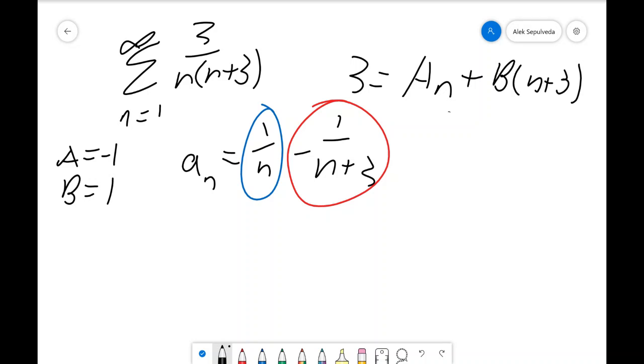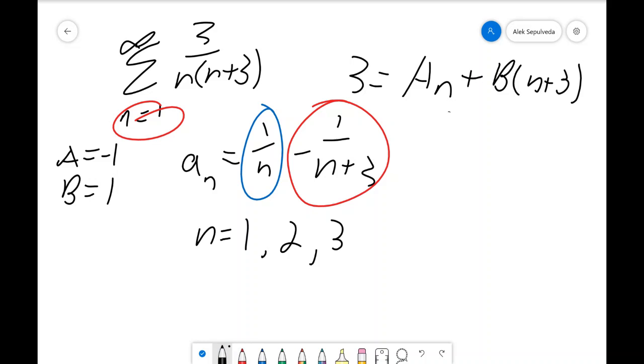You can see that there's a shift of 3, so when n is equal to 1, 2, and 3, they will not be canceled out because we start at 1.